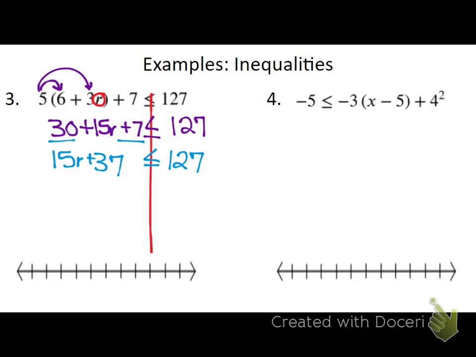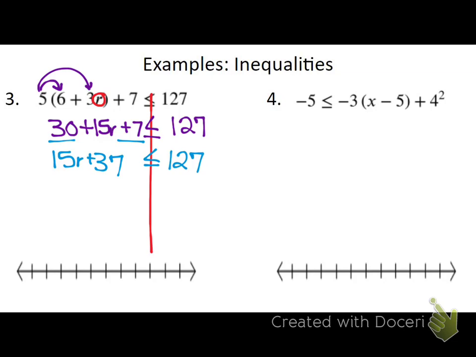Okay. Then from here we undo any addition or subtraction. So what addition or subtraction do I need to undo here? Riley, if I'm undoing for my next step any addition or subtraction, what do I need to undo? Do you see any plus or minus signs up here?